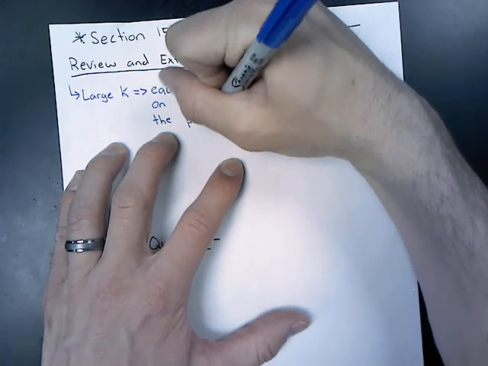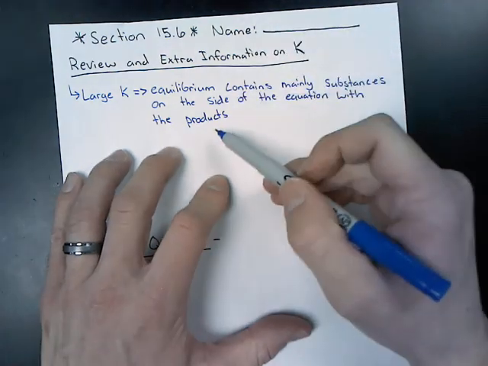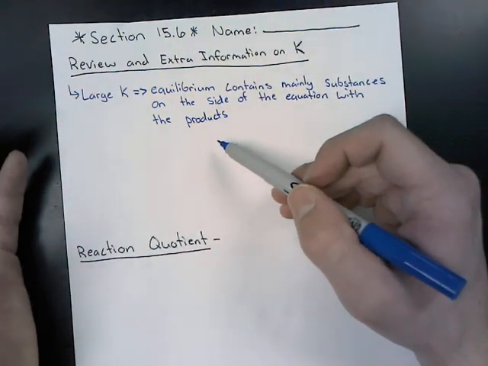All right, so again, if we have a big K, that means we mostly have products.